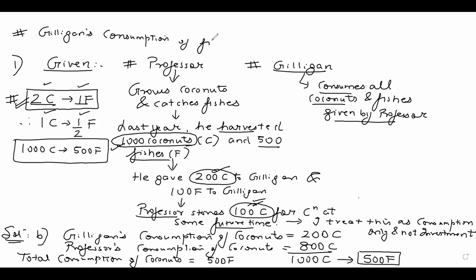How much is Gilligan's consumption of fishes? Okay, so how many fishes is Gilligan consuming? The professor has given 100 fishes to Gilligan. So Gilligan is consuming all the fishes. So Gilligan's consumption of fishes is 100 fish. And how much is the professor's consumption of fishes?